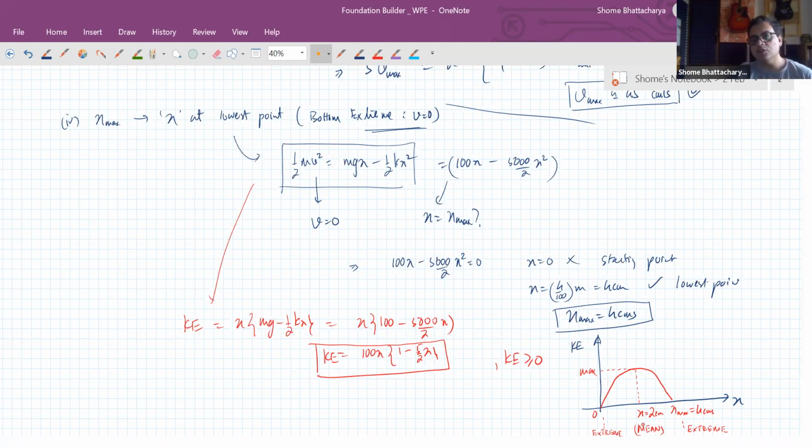So the block continuously oscillates between 0 and 4 centimeters. And right in between the two is the 2 centimeter position, where the block is at the mean position.